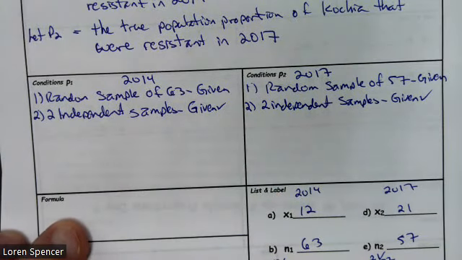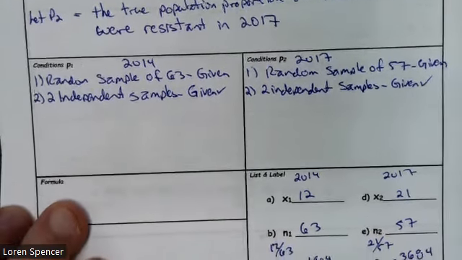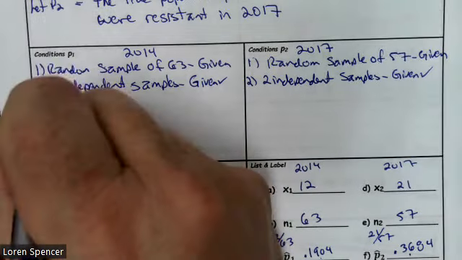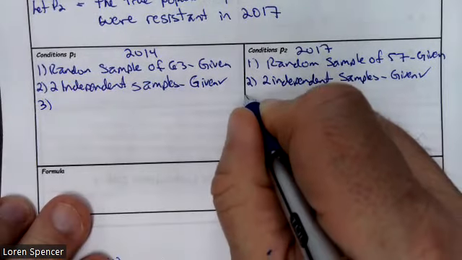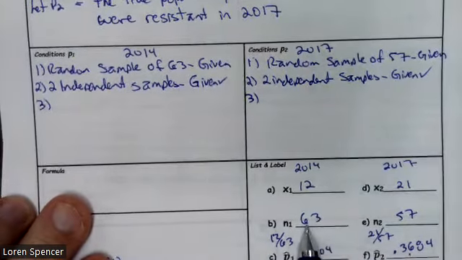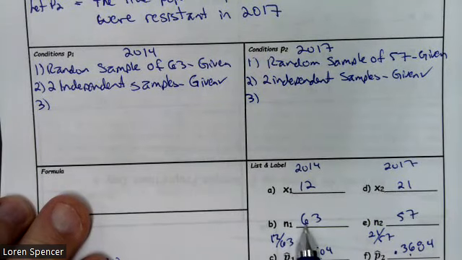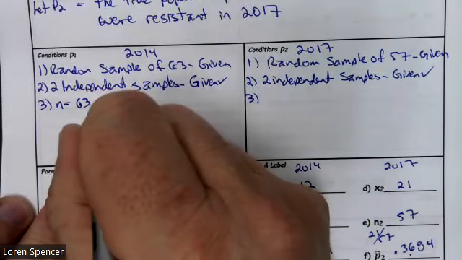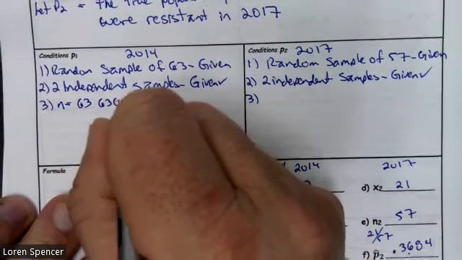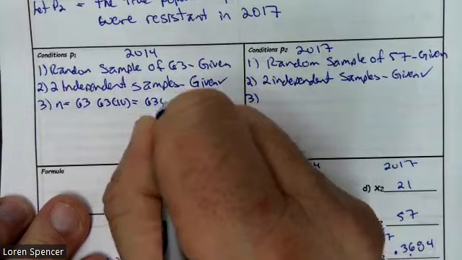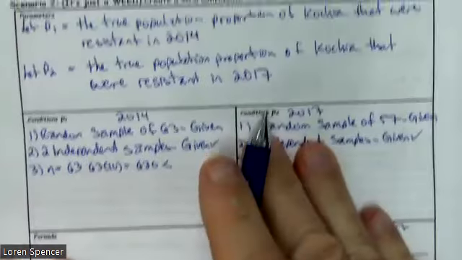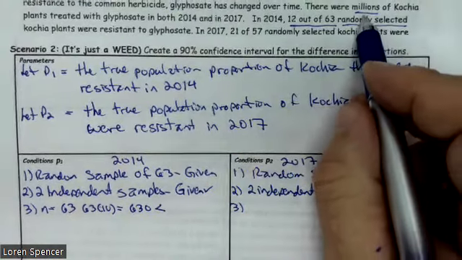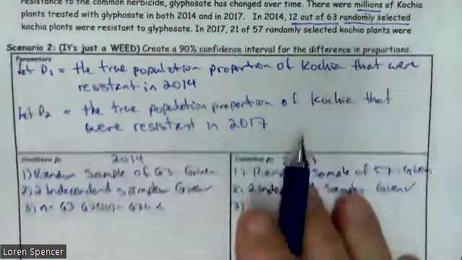Number 3, we do have to do the n is less than 10% because it was a random sample. Random assignment, we don't have to, but here we do. Our sample size was 63, so n equals 63. 63 times 10 equals 630, and that's less than, what was our population size? Oh, there were millions of plants.